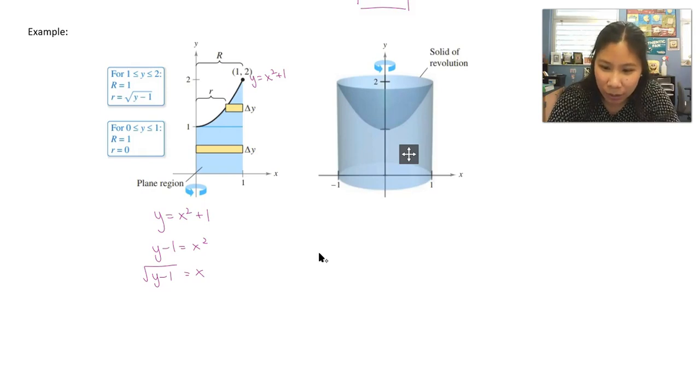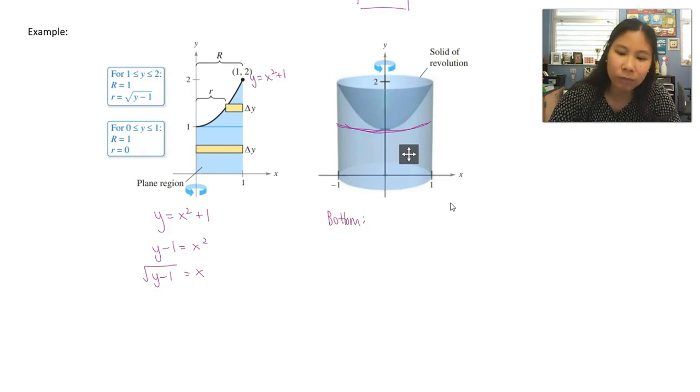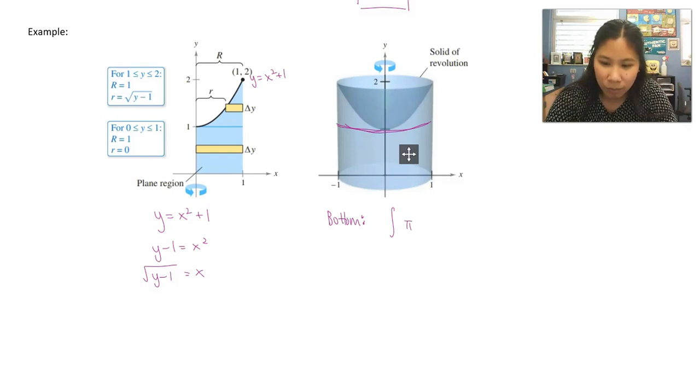So separating these two out, I'm going to just split this in half, almost. So the bottom part of this weird shape is just going to be that cylinder. So if we think about it as just pi r squared, for this integral from a y value of 0 up until 1, because that's where our parabola starts, and we just want to go up until that point.